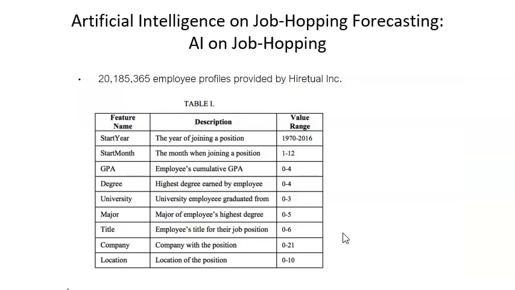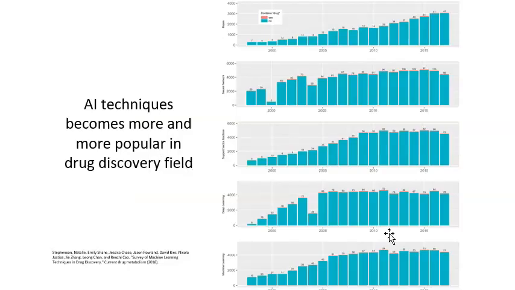AI can also be applied in HR. For example, this is actually my paper published several years ago. You can find it on my Google Scholar page. Machine learning can also be applied in scientific research. Drug development uses AI a lot.